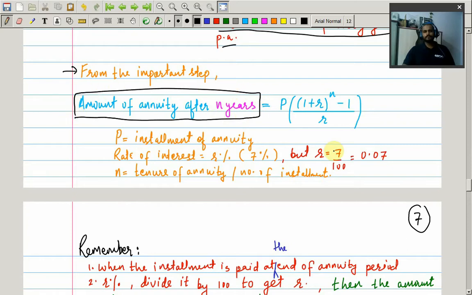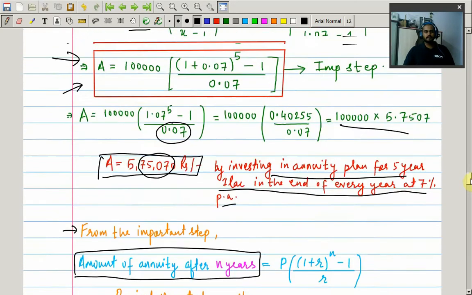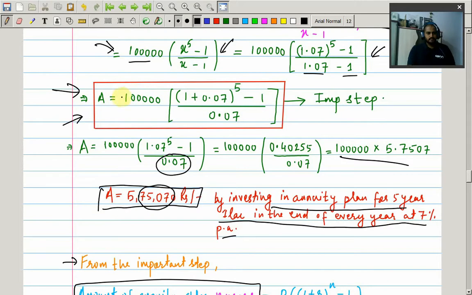So what is this 1 lakh? It is my installment, so I can write this as P, or you can write X. You can use any notation. Let's use P. This one is as it is. What is 0.07? This 0.07 is 7%, which is my r percent. So here r is 0.07. So this is r. This is also r.